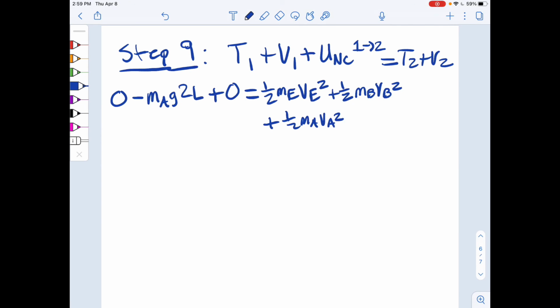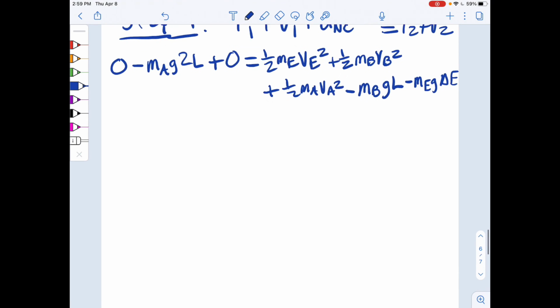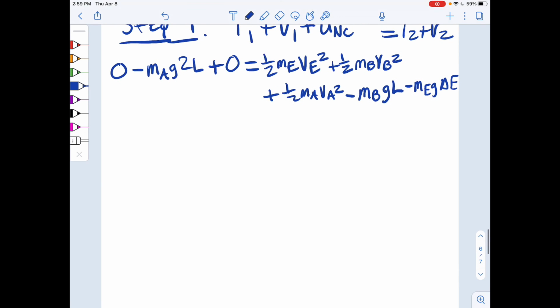And then for our potential energy at position 2, we're going to have minus MB g times L, and then minus ME g delta E. Being that delta E is our change in the height that E will move. Then to continue on with this step, we're going to solve symbolically for VE out of this whole equation.